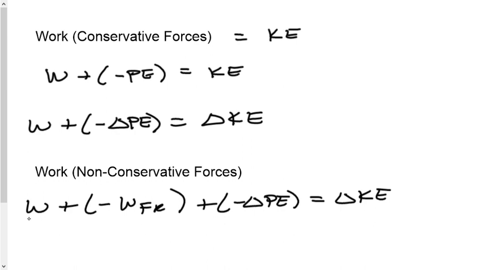Sometimes potential energy change will be negative, making this a positive, meaning we're going to see a rise in kinetic energy. And sometimes, if I'm moving an object upwards, for instance, that'll be a positive change. Therefore, a negative of a positive means you're not going to see that in kinetic energy. We'll see plenty of examples that help make that clearer.